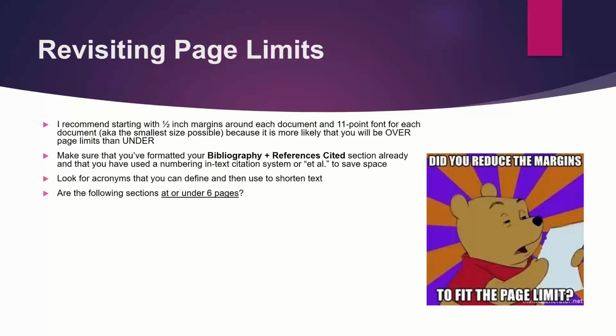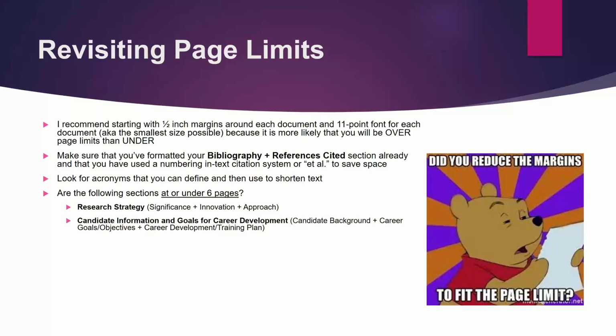For the following sections, are they at or under 6 pages? Your research strategy. Your candidate information and goals for career development. Your plans and statements of mentor and co-mentors, when you compile those together, are they under 6 pages? Your letters of support from collaborators, contributors, and consultants.